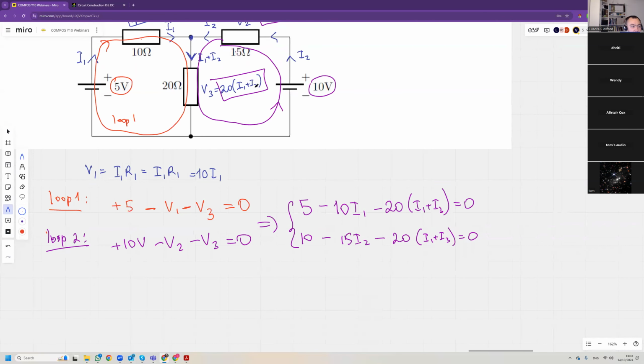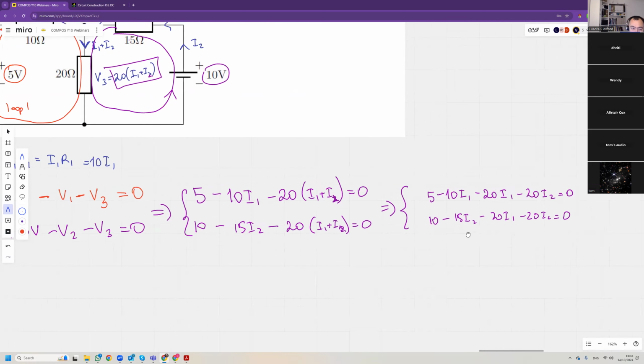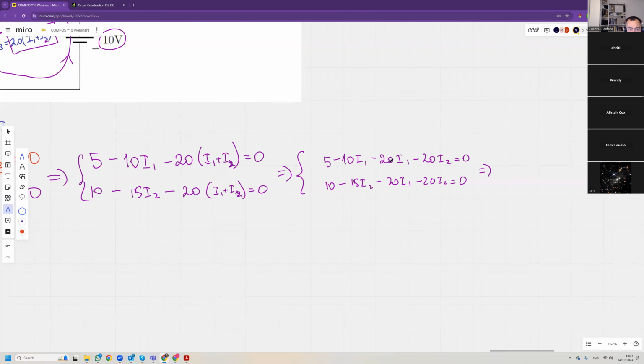Now all I need to do is to solve for I1 and I2. This is a simultaneous equation: 2 equations, 2 unknowns. So 5 minus 10 I1 minus 20 I1 minus 20 I2 equals 0, and 10 minus 15 I2 minus 20 I1 minus 20 I2 equals 0. And then you simplify that.